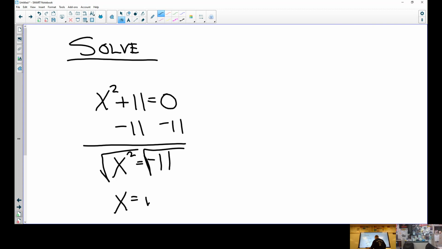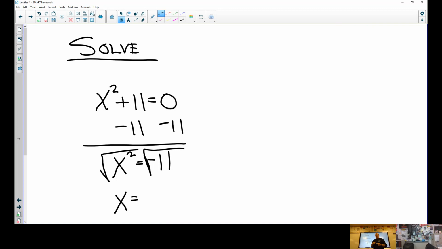So first off, when we impose a square root on a function, what I mean by that is this equation started out without any square roots. The previous examples, we had square roots already there. This one, we are using the square root function as a solving step. In order to get x squared to x, we had to take the square root of both sides.